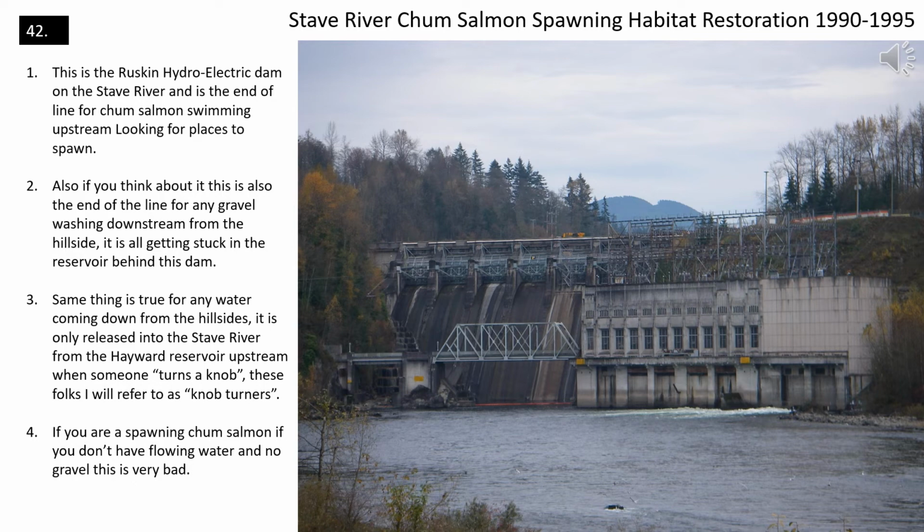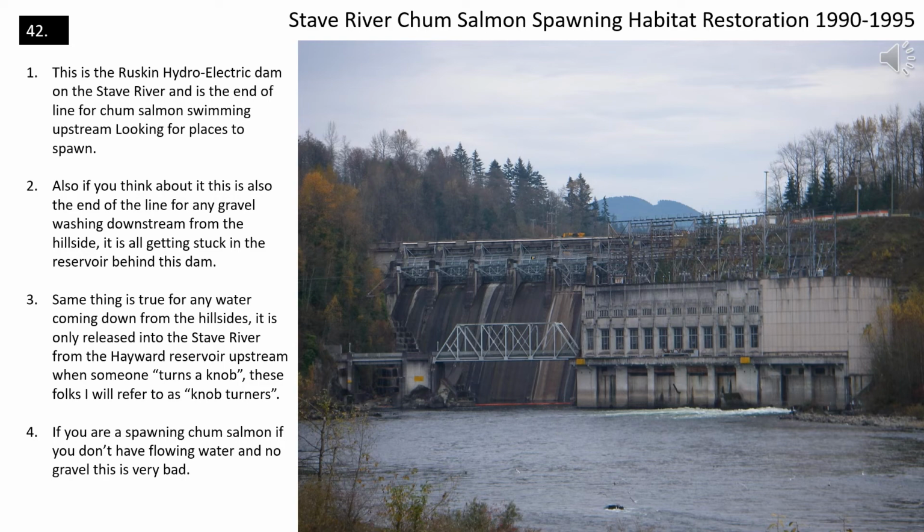So what does that mean? Well, every time we get a fall flood and gravel moves in the stream bed below the dam, the smaller gravel, the sands move first, the smaller gravel moves next. And depending on the magnitude of the flood, although the lakes moderate the floods in the Stave River, the gravel moves downstream. So over time, what's left is coarse gravel that the floods can't move.